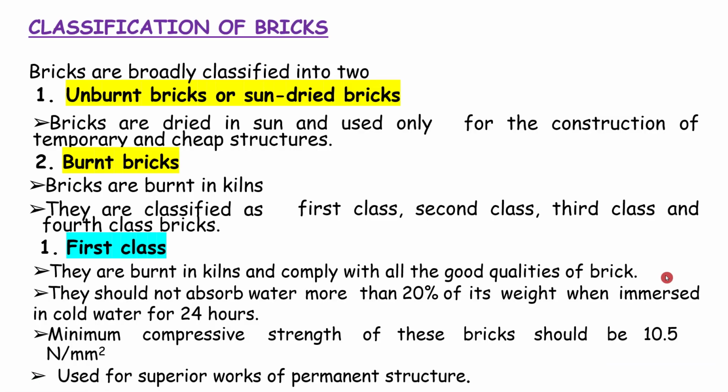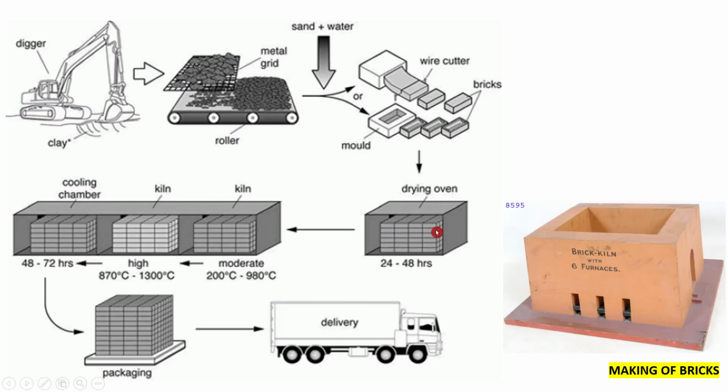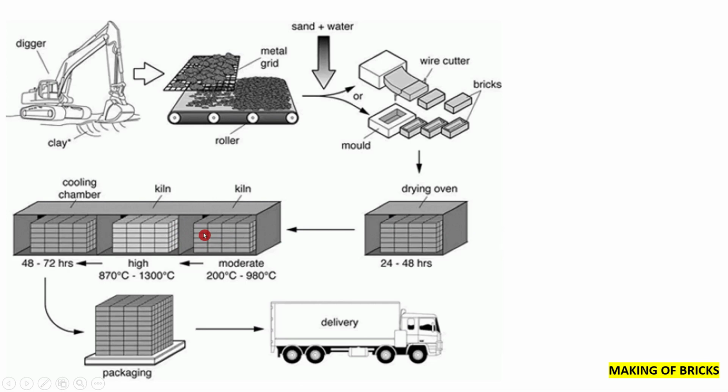The bricks are classified mainly depending on different types. One is it is classified into unburnt brick or burnt brick. We can see here in the kiln the bricks are burned.